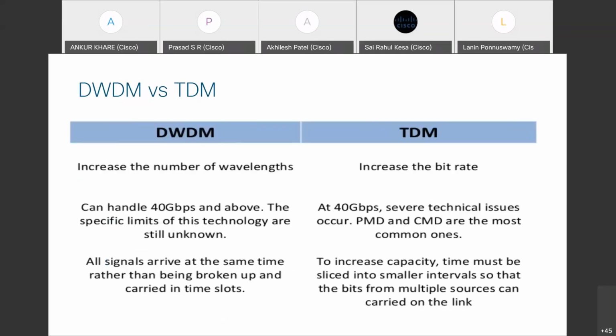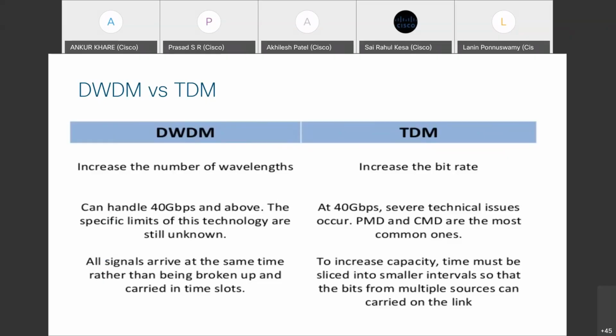So when we compare TDM versus DWDM, the traditional one was TDM, time division multiplexing, where we used to get the data and divide it into different time slots, time intervals. But if you compare DWDM, here all signals arrive at the same time rather than being broken into time slots.